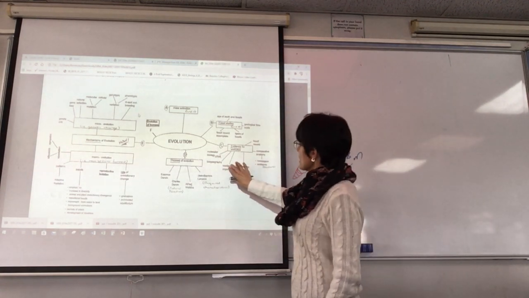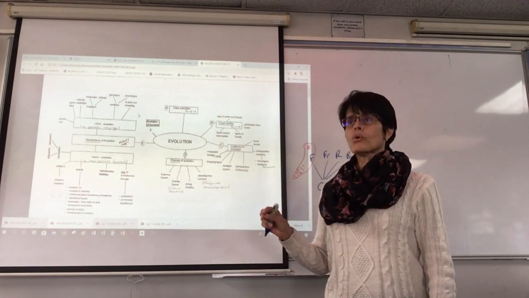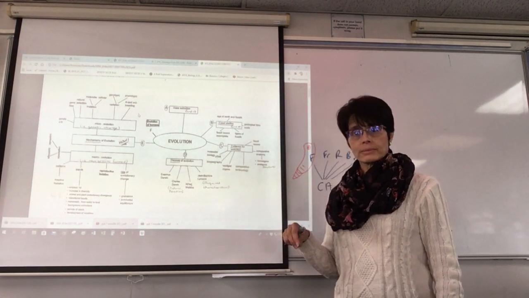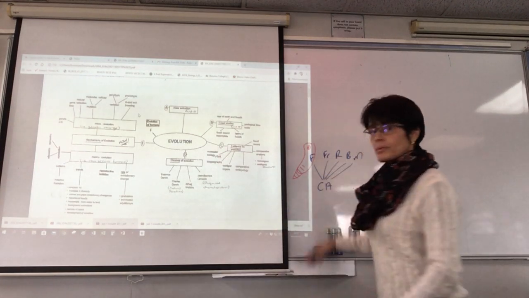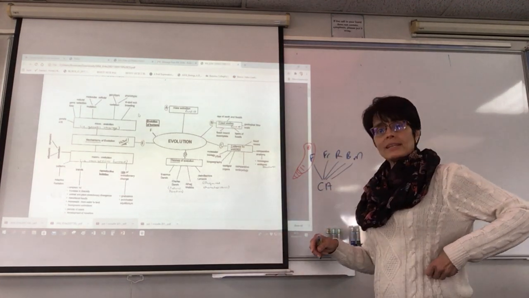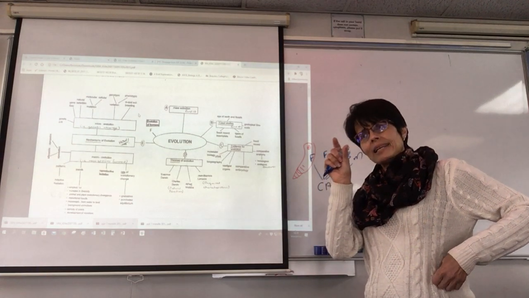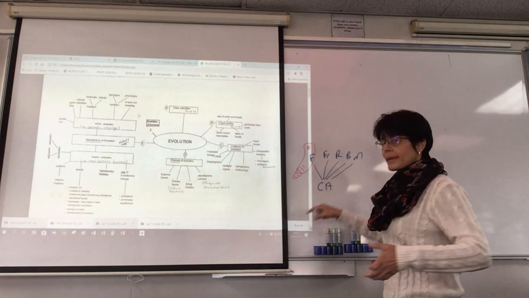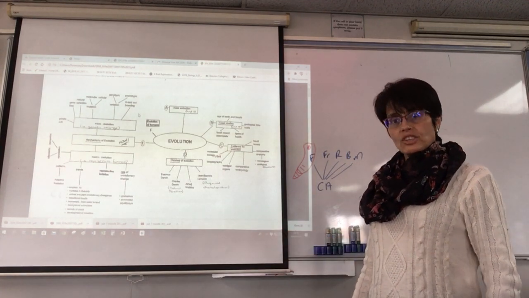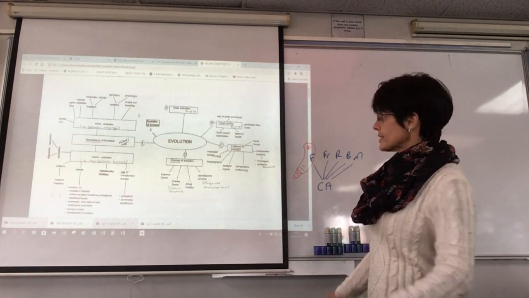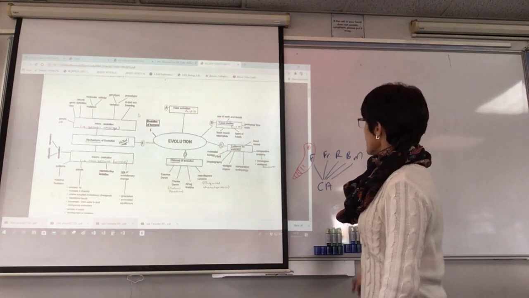Then over here, vestigial organs, organs that we have remnants of, that other vertebrates have. So for example, we just have an appendix, a tiny little organ that is much bigger in other mammals. It's the cecum, the large part of their digestive system which helps them to digest cellulose, all that plant matter.